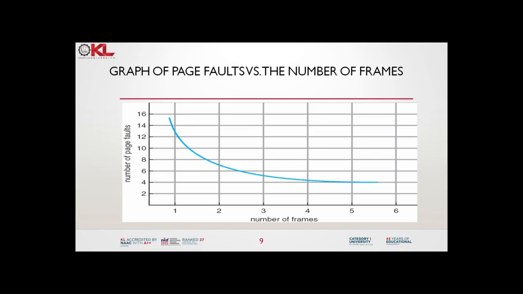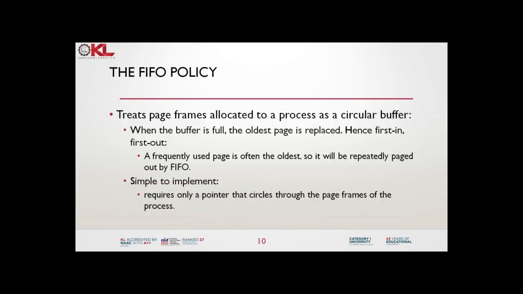So when you keep on increasing the number of frames, the number of page faults is going to be reduced. So let us see the various examples that we have in the coming slides.